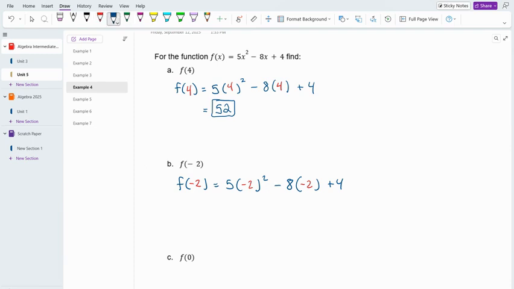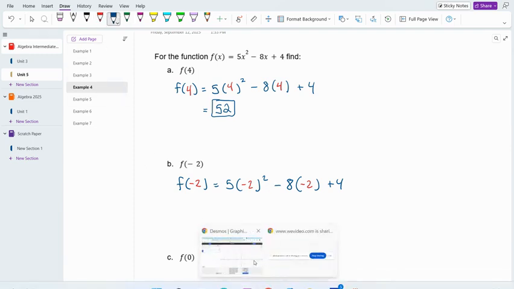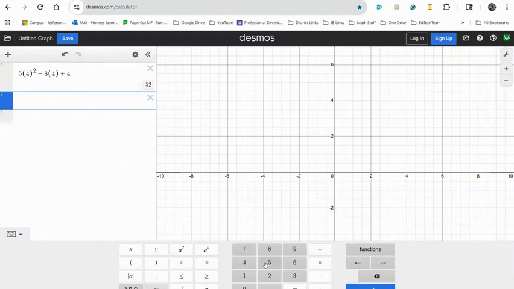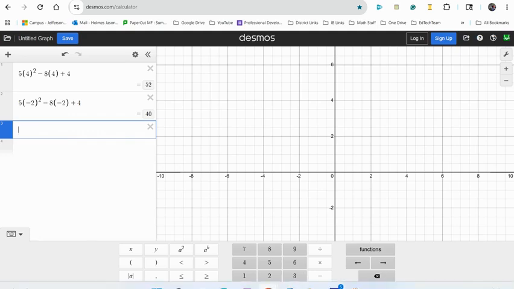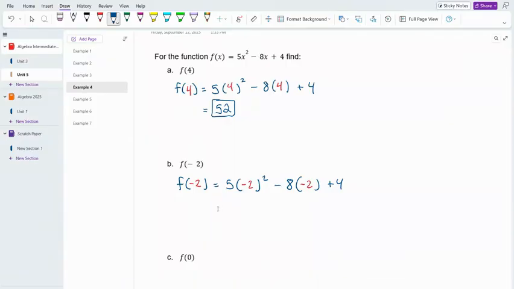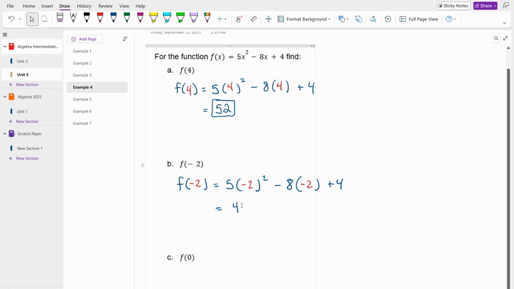Okay. And we'll come back to Desmos. And we have 5 parenthesis negative 2 parenthesis squared minus 8 parenthesis negative 2 parenthesis plus 4, enter, and we end up with 40. So equals 40.